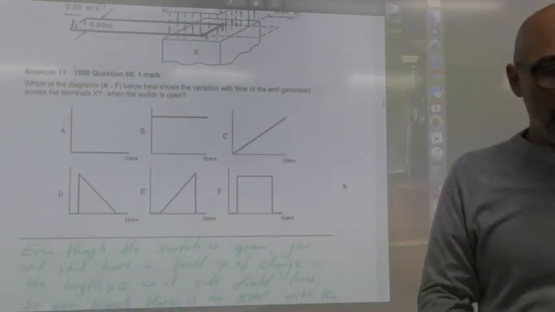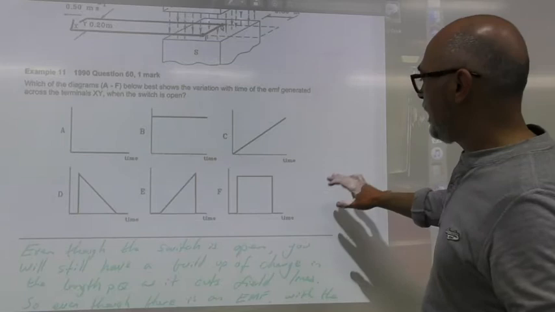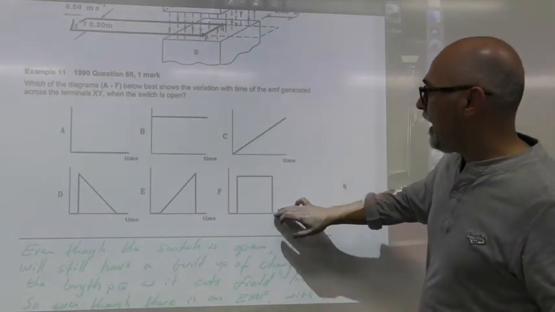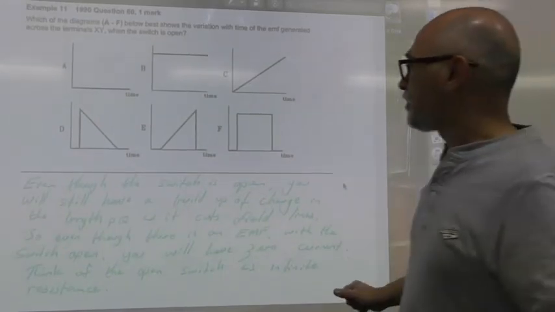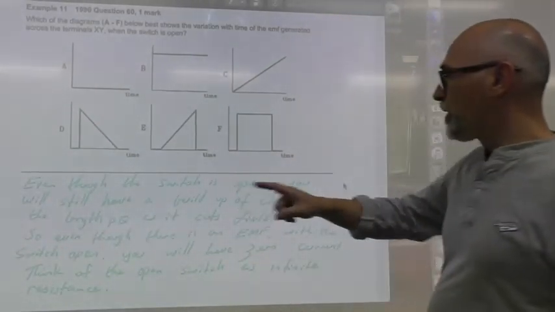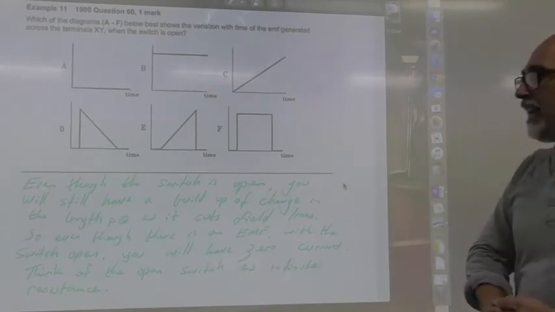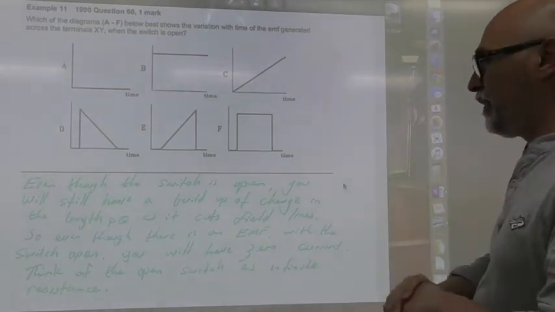It gives you one nice pulse of current as you leave. So basically, even though the switch is open, you will still have a build-up of charge in the length PQ as it cuts the field lines.